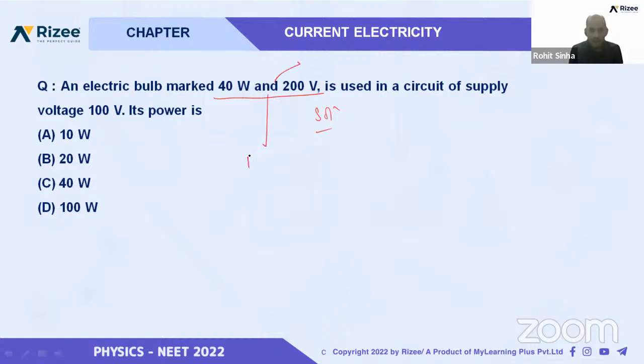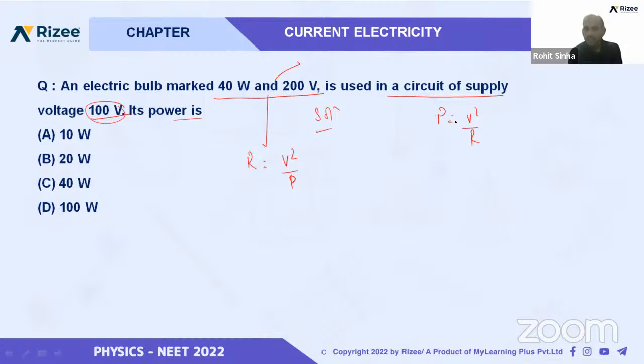We can write R is equal to V square by P. From here we can decide. Now it is telling that it is used in another circuit having a voltage of 100 volt. Now what will be its power? We know that P is equal to V square by R. This formula we are using.